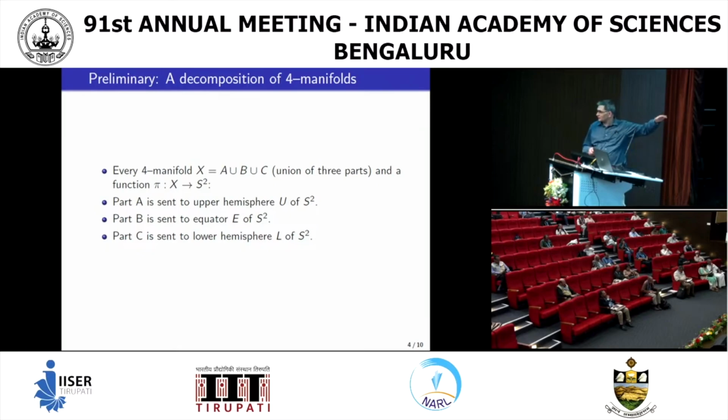So the first part is sent completely to the upper hemisphere, the middle part is sent to the equator, and the last part is sent to the lower hemisphere. We are going to embed each piece separately, and then patch those embeddings together.